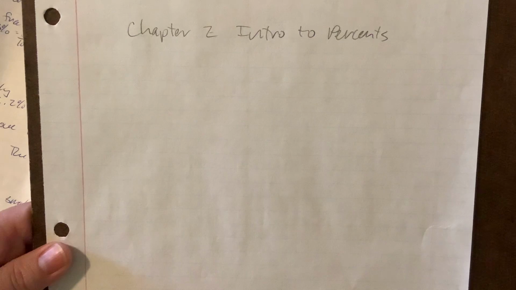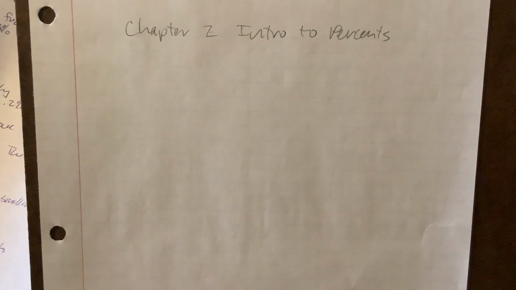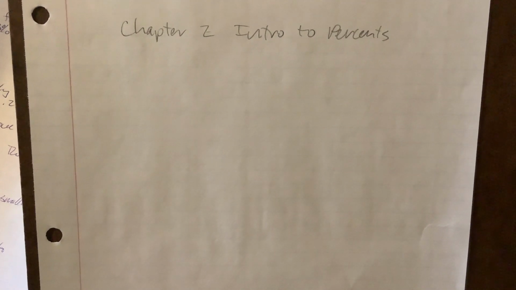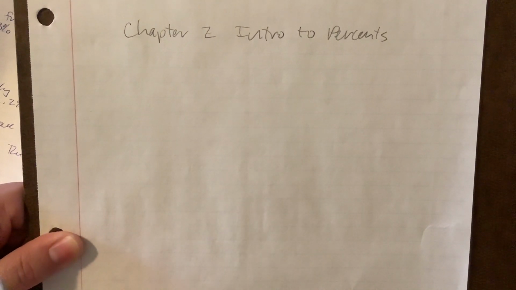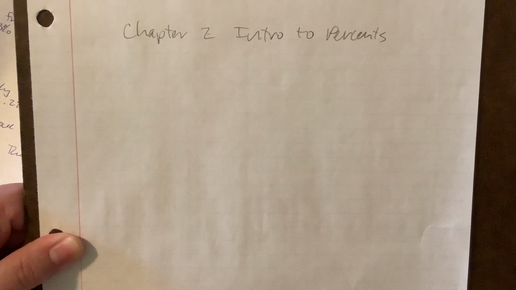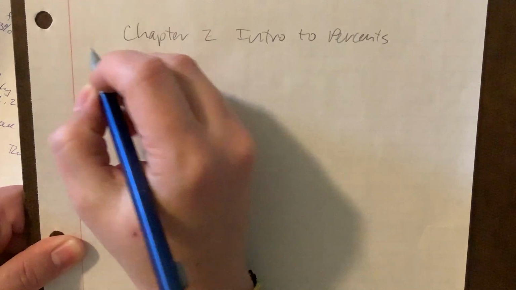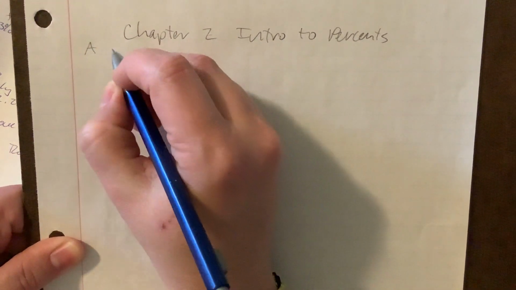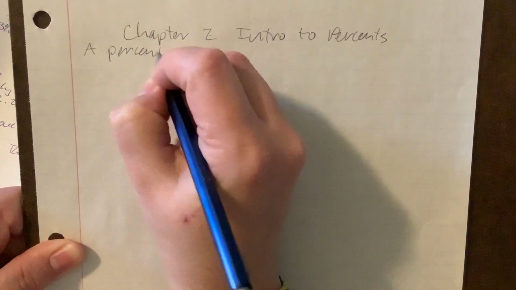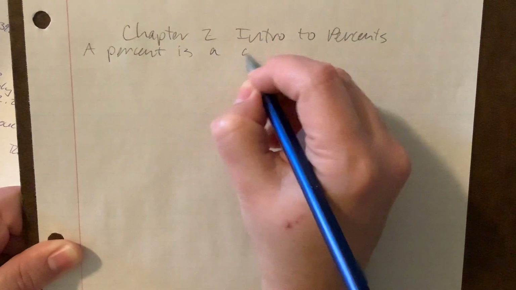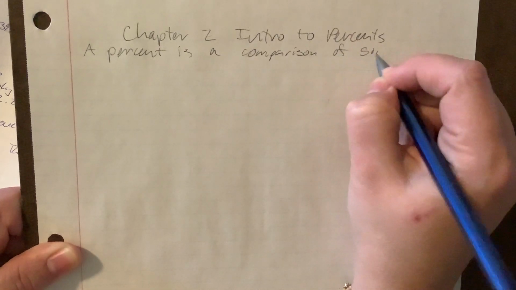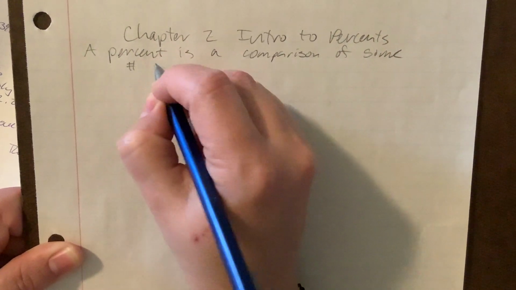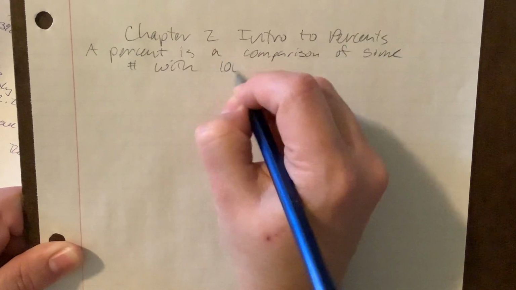Before we jump into the lessons from the book, I wanted to do an introductory lesson to remember what a percent is. The reason we're talking about percents in the ratio and proportions unit is because a percent is a comparison of some number with 100.